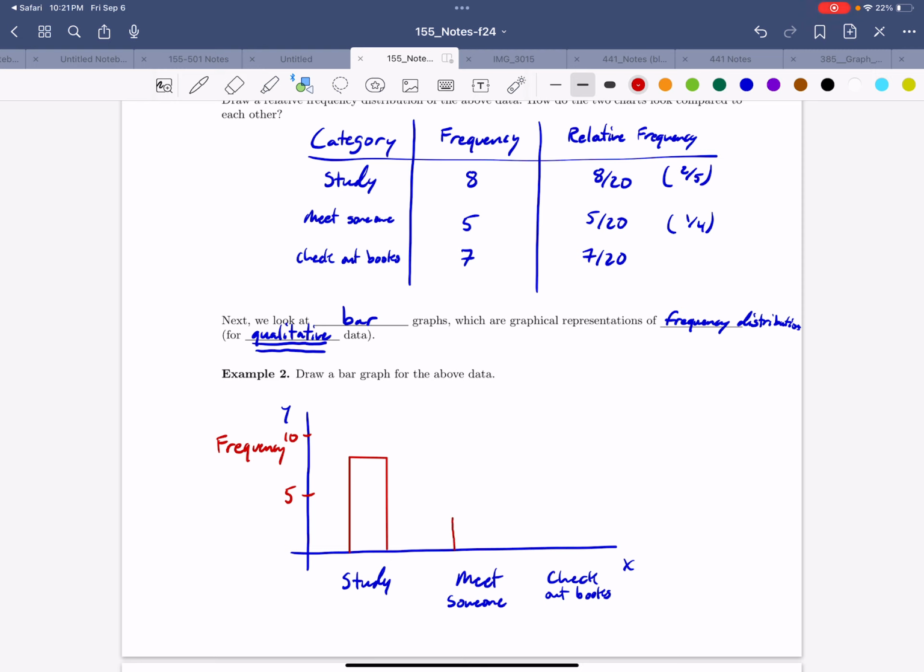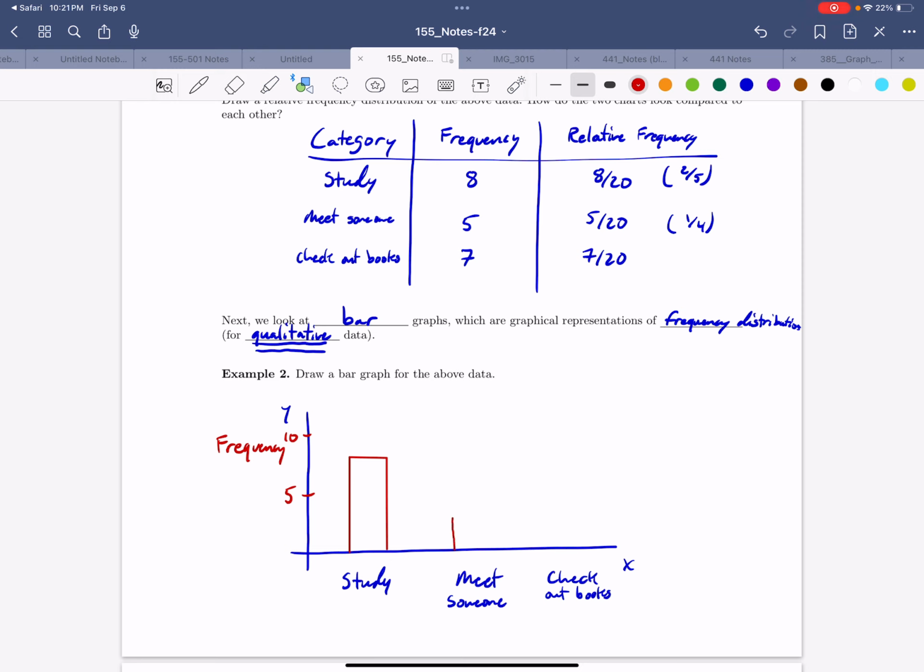Right, that's maybe a little thinner than it should have been. Try that one more time. Make it a little thicker. Right, whatever. All right, draw it all the way down just to be clear. Right, and then check out books. That goes almost as high, but not quite. And then across, and then down.